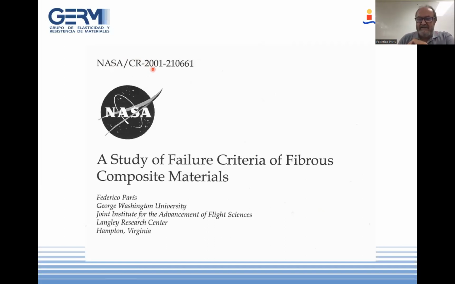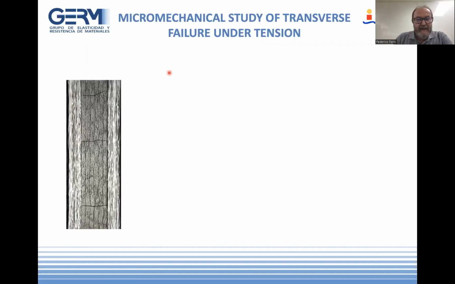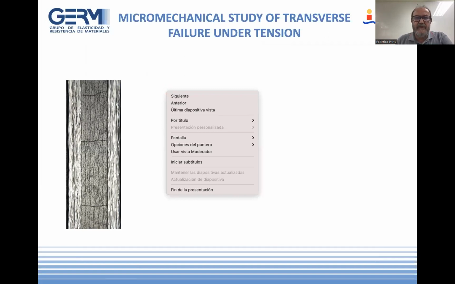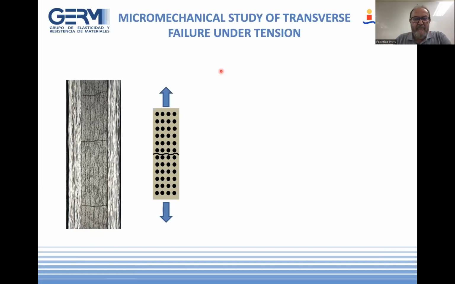The importance of micromechanics can be understood easily with failure under tension. This is a very clear image. If we move to a close view, we notice that the material is heterogeneous.